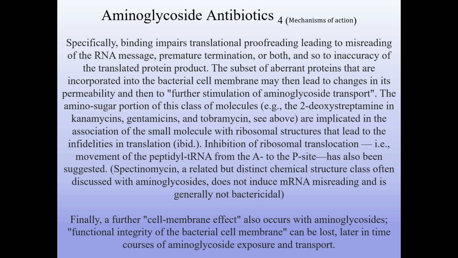Spectinomycin, a related but distinct chemical structure class, often discussed with aminoglycosides, doesn't induce mRNA misreading and is generally not bactericidal. Finally, a further cell membrane effect also occurs with aminoglycosides. Functional integrity of the bacterial cell membrane can be lost later in time courses of aminoglycoside exposure and transport.